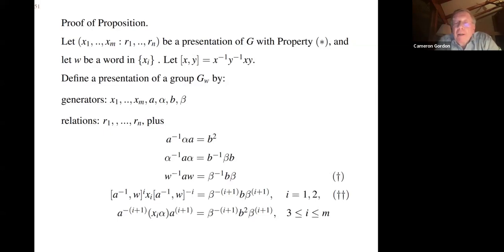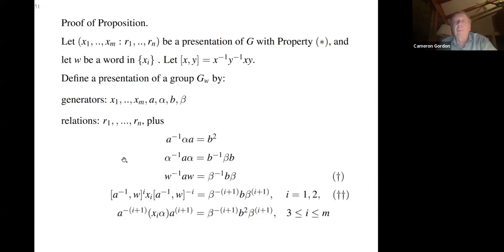There are going to be m plus 3 of them, where m is the number of generators of the original group G. There are two fairly innocent-looking relations involving just A, alpha and B, and A, alpha, B, beta. This one involves the word W. These ones, there are m of them, and they involve the generators Xi of the original group, and the word W comes in here. I want to focus on those two in a little while.